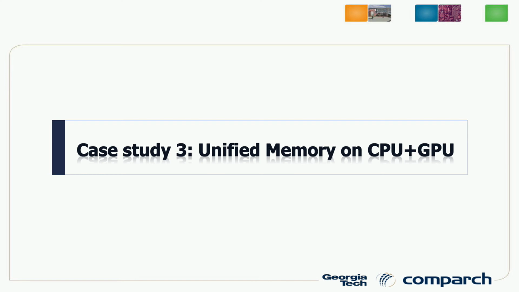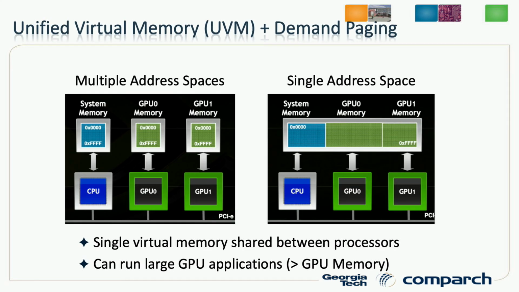So let's talk a little bit about newer architectures. One of these newer architectures is unified memory on CPUs plus GPUs. The newer GPU architectures provide unified virtual memory with demand paging. What it means is the GPU can use the entire memory system of the CPUs.